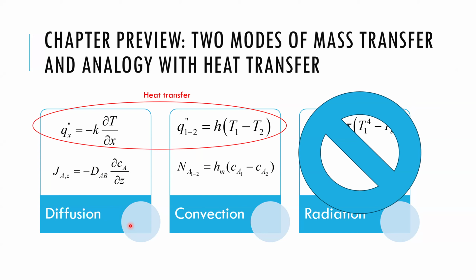So then in case of mass, following heat transfer, we have a diffusion-like process, which is what we had for heat conduction. Instead, we have the mass diffusion here. And for convection, we had a convection equation, and here we'll have an almost pretty much identical equation for convection mass transfer from a surface.